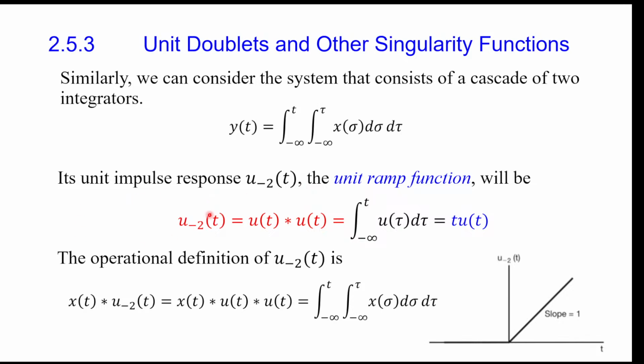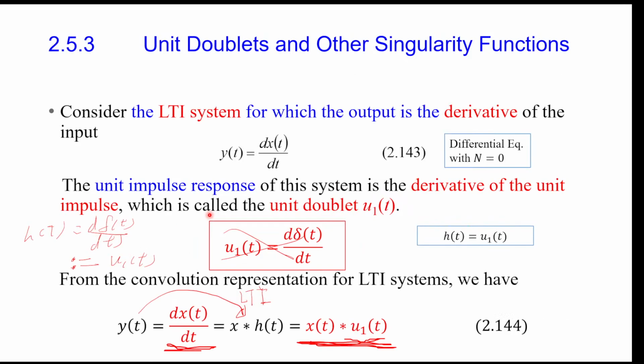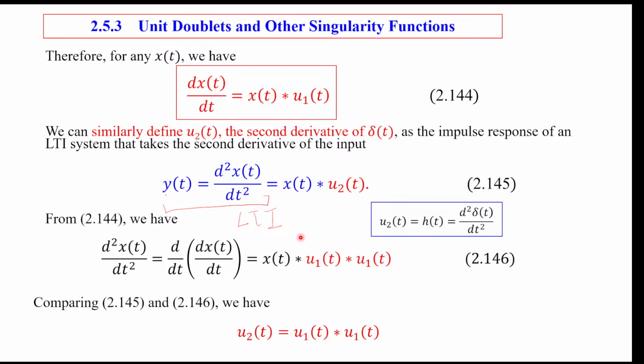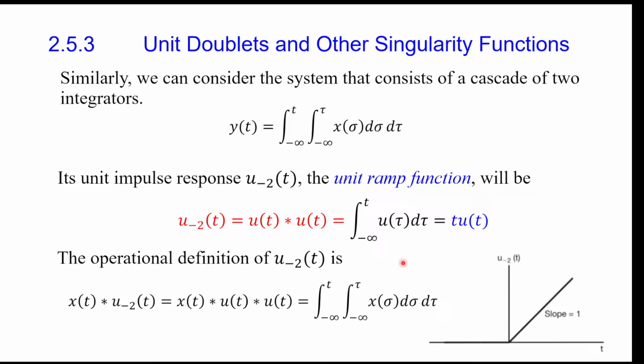So it's just like our derivation of u2. Let's go back here. Before, we had this derivation of u2 equal to u1 convolved with u1. And here we have u minus 2 equal to u convolved with u. It's a similar argument, because you do integration twice; it's like applying the integration system twice.